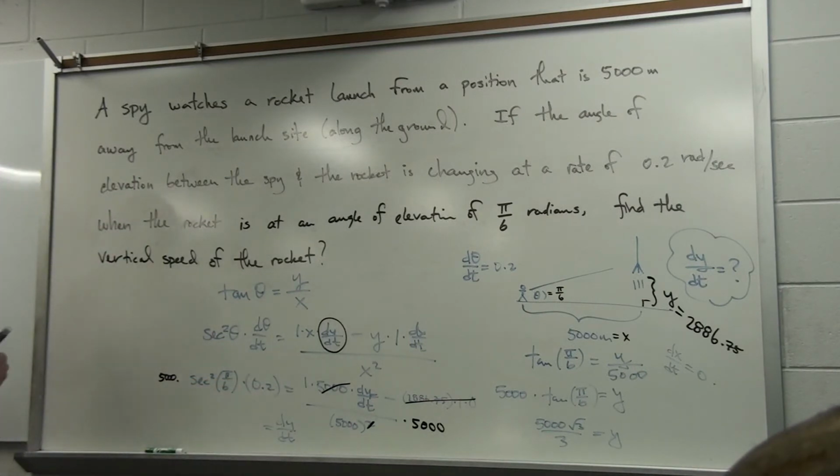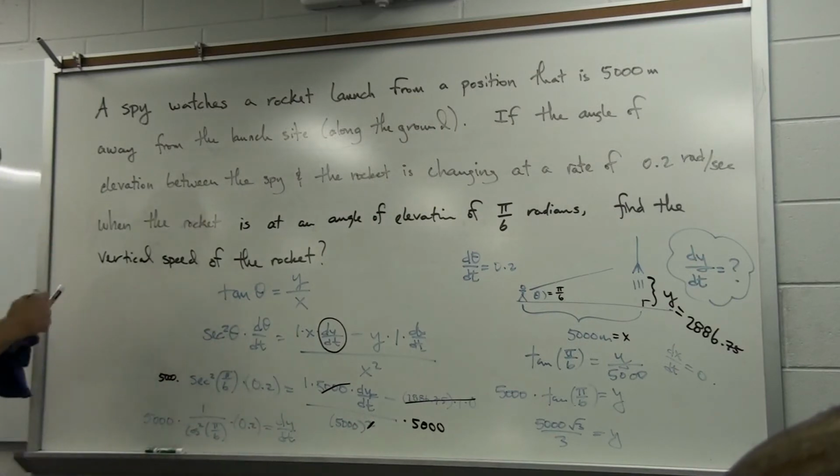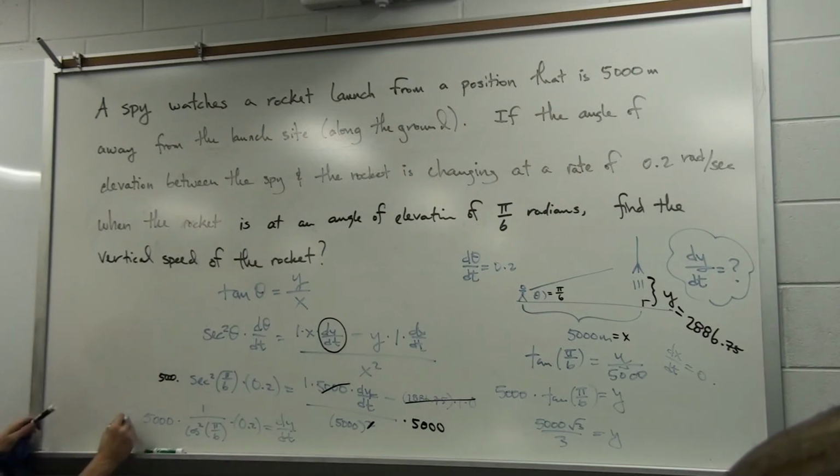times 0.2, which rephrased differently, secant squared is just 1 over cosine squared. Now that's something you could do in a calculator, times 0.2. What is cosine squared of pi over 6? That is, what, 3/4, so 1 over that would be 4/3. Long story short, this comes out to be 5,000 times 4/3 times 0.2.